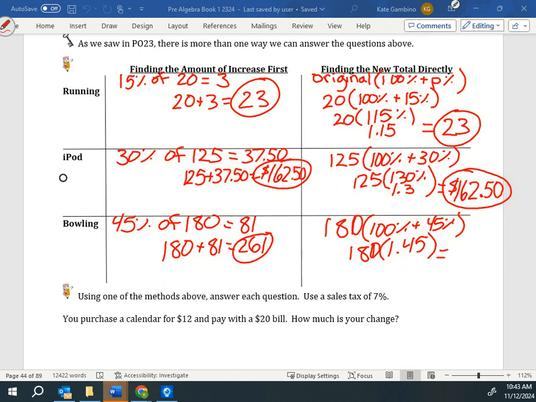What is 180 times 1.45? Natalie? 261. Same answer. We're just talking about it in that different way.